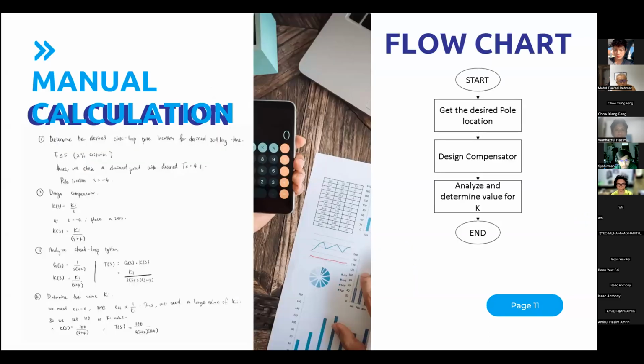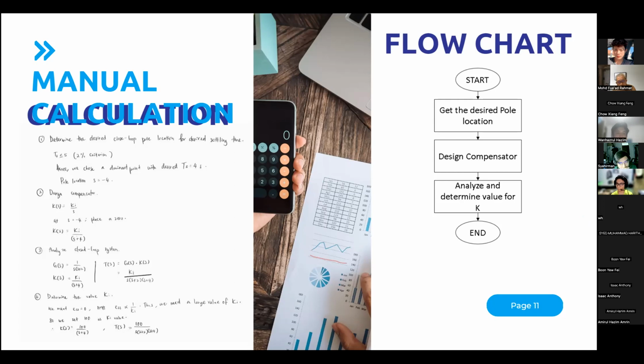For the calculation, since we don't have much detailed information, we just use assumptions. We first determine the desired closed loop location for the desired settling time.